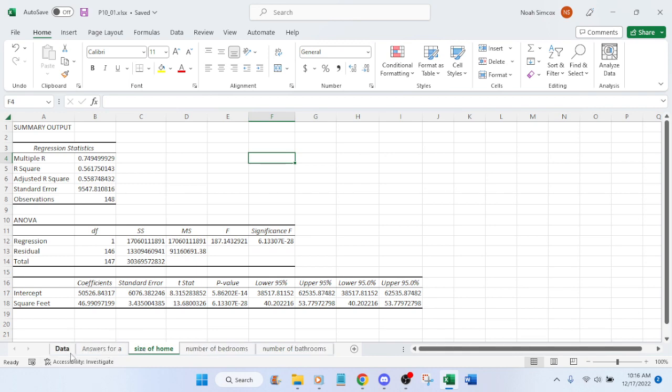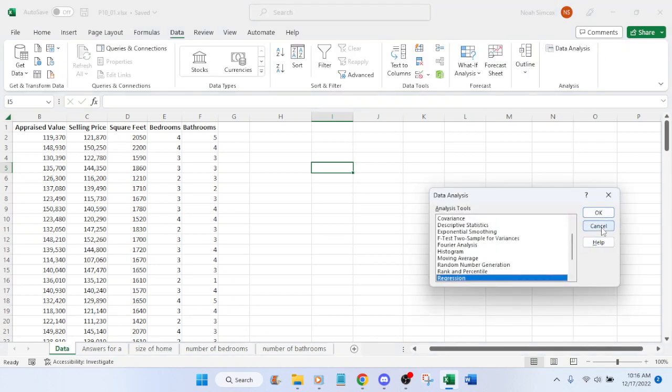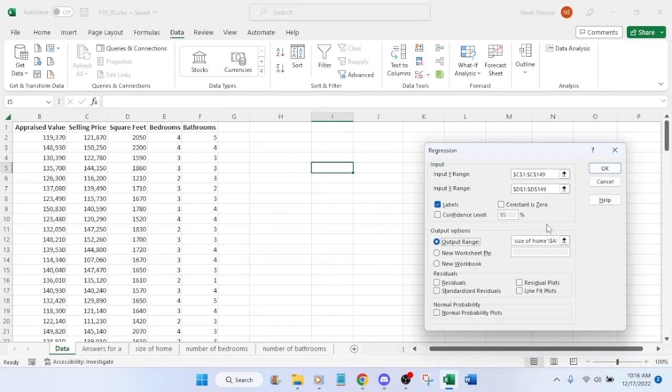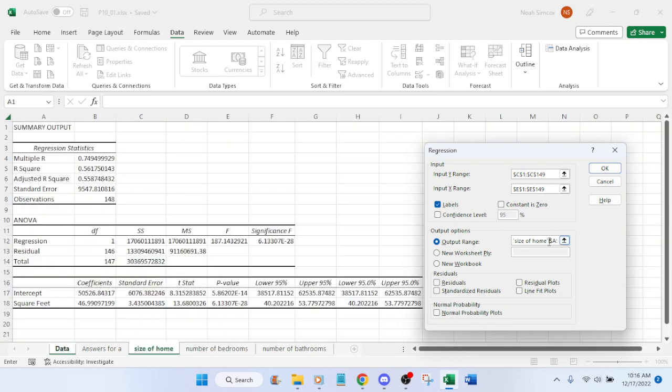Number of bedrooms. Dang it! Come on! Why won't it just automatically select the whole thing?